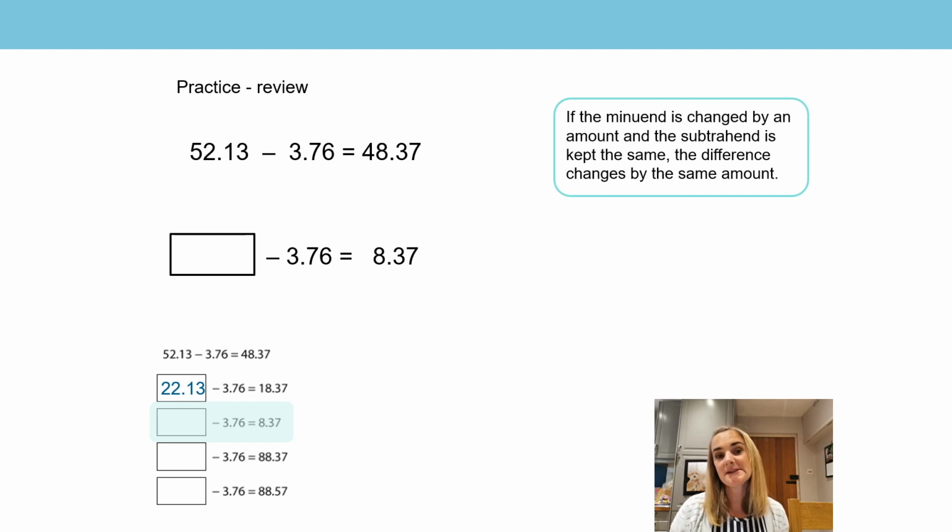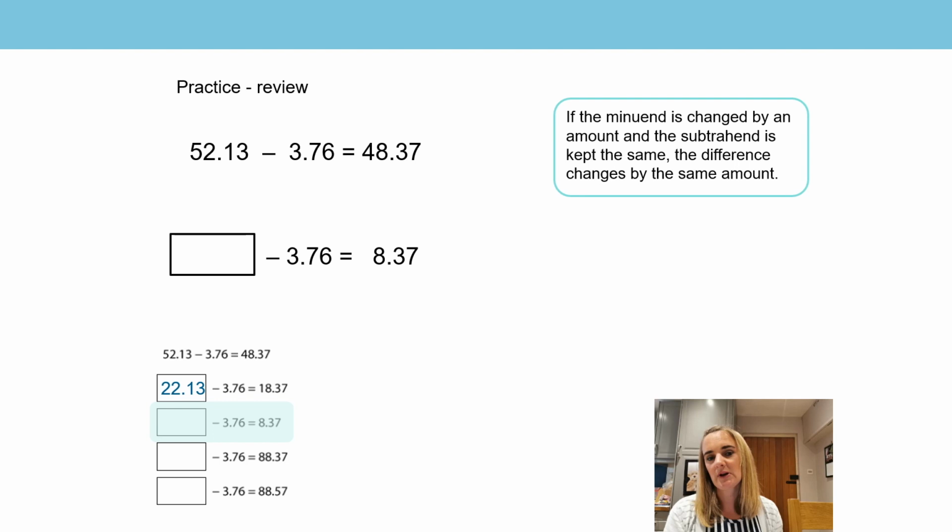So now you can see in the bottom left-hand corner that I've filled in that missing number, the 22.13, and I've highlighted in pale blue the calculation that we're now going to look at. And that calculation is something subtract 3.76 equals 8.37. So you need to make a decision.